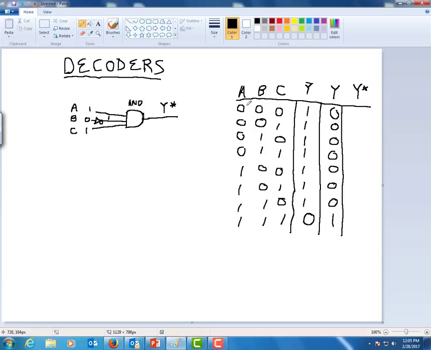So that one case, where is it? 1, 0, 1, look at it right here, right? So in this case, your output would be high. But all other cases, it would be low.